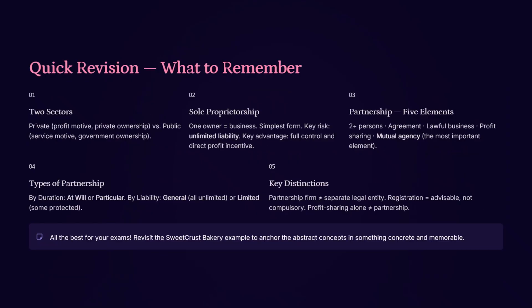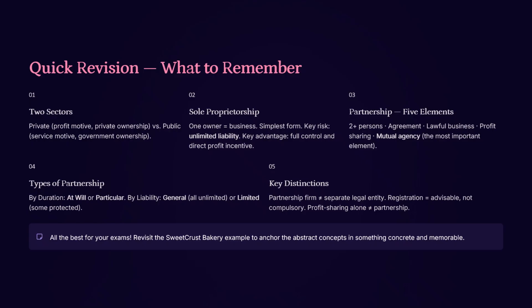Now let's quickly revise the entire chapter. First, remember there are two sectors in a business organization, private sector and public sector. Private sectors are owned by private individuals with the objective of earning profit, and public sectors are owned by the government with the objective of public welfare. The private sector is again classified into two, that is sole proprietorship and partnership.